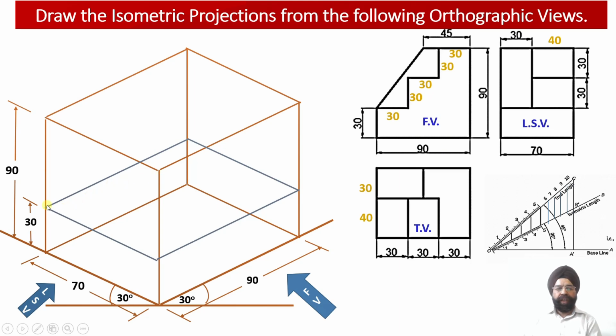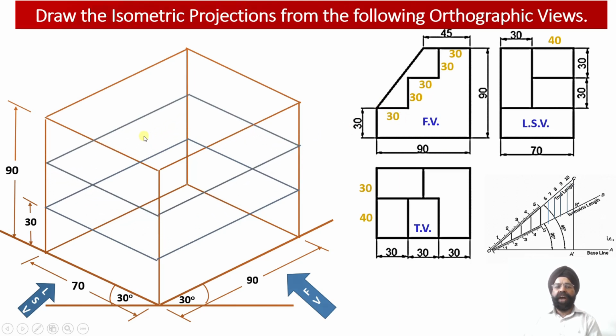So I have drawn a ring over here, which is nothing but a reference line or a guidance line to me. Along this guidance ring, I will be obtaining step number 1, which is lying at a height of 30 millimeter, and this length I will be obtaining over here. Similarly, the second step will be at a height of 30 millimeter from the top surface of step number 1.